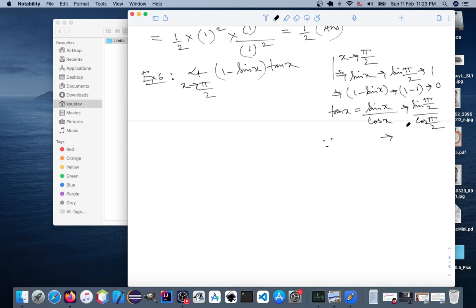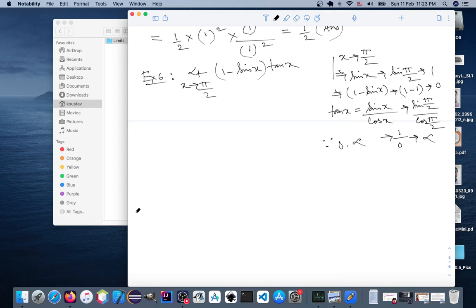Basically, this tends to 1 by 0, which tends to infinity. So therefore, the form is 1 minus sin x tends to 0, and this tan x tends to infinity. We have the 0 into infinity form. Now we have to transform this expression into 0 by 0 or infinity by infinity form.